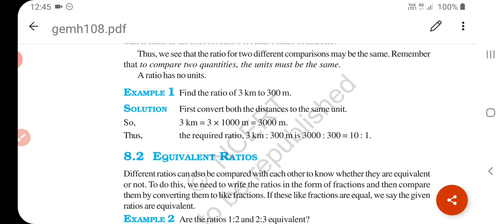So your required ratio is 3000 is to 300, that is 10:1.